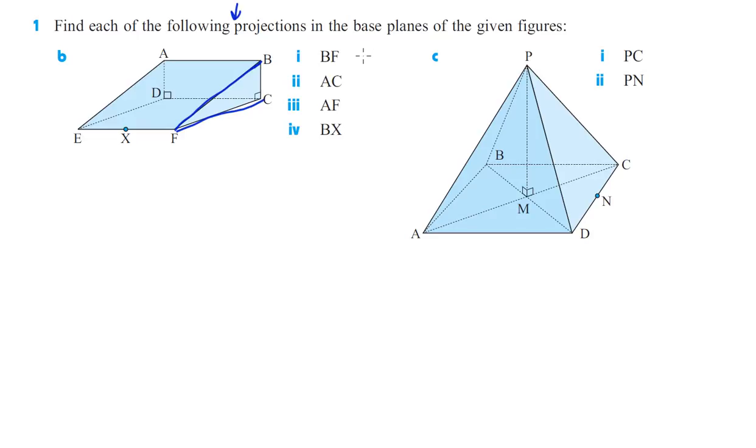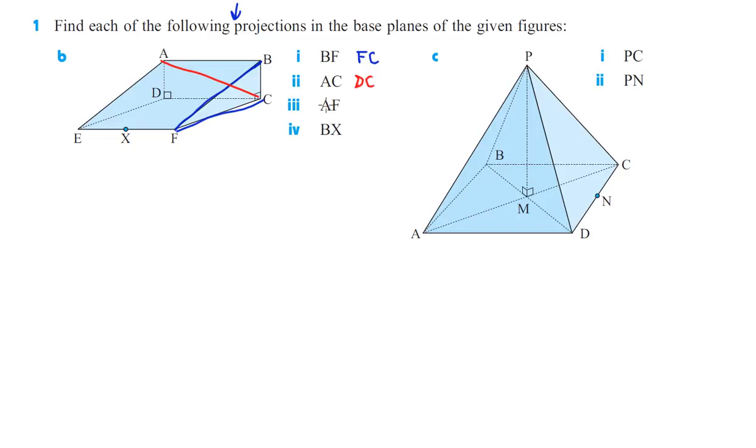So the following projection for this one is just going to be BC. So BF will shine straight down onto, sorry, not BC, FC. Having a hard time. There we go, FC. Okay. AC is this line right here. And again, if you shine a light straight down on that, it would cast the shadow of DC.